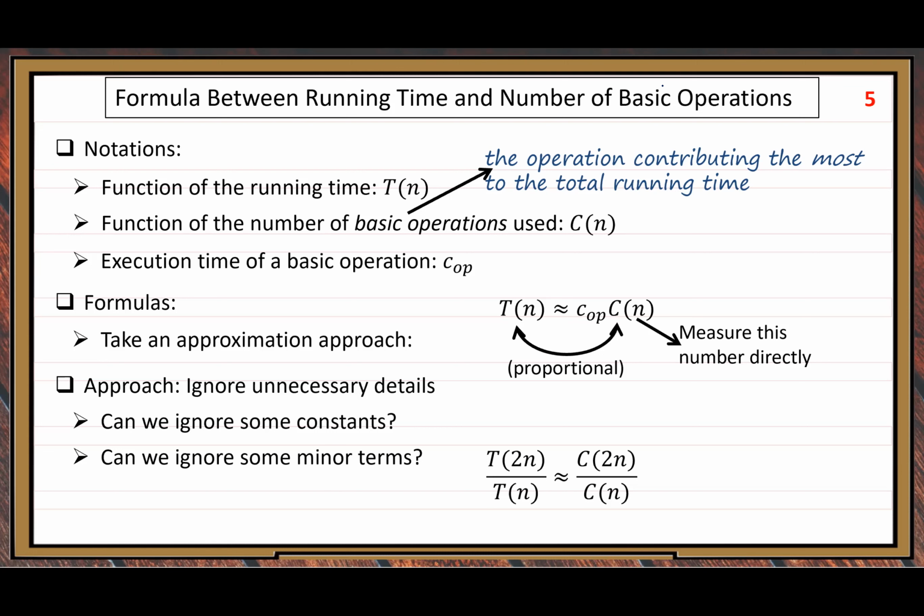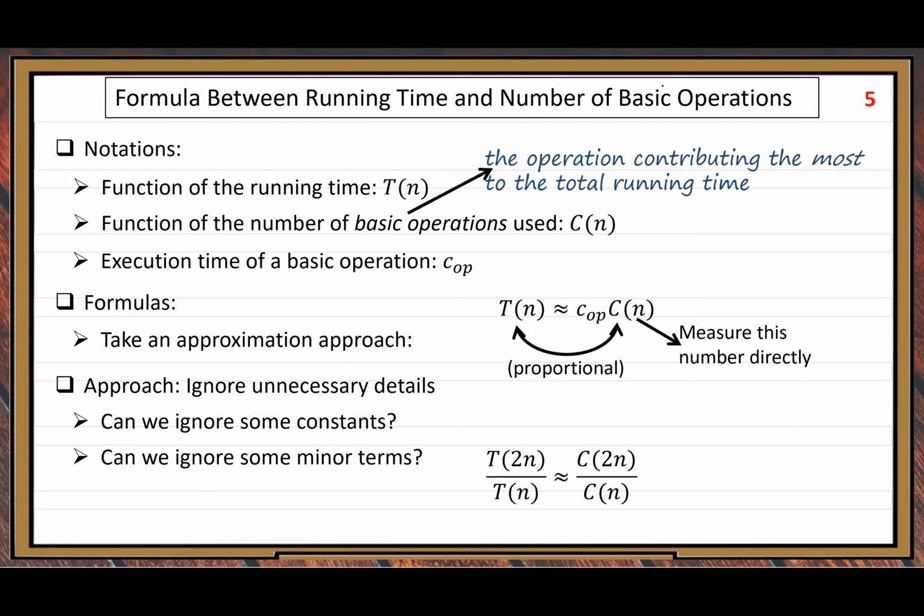When you use this approximation formula, the constant cancels out, and it equals the C function ratio, C of 2n over C of n.